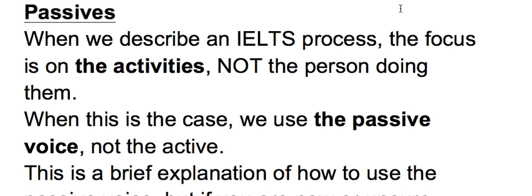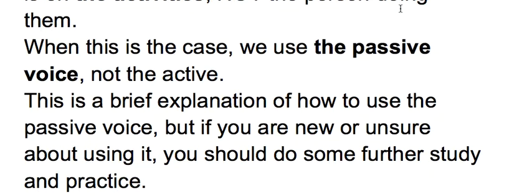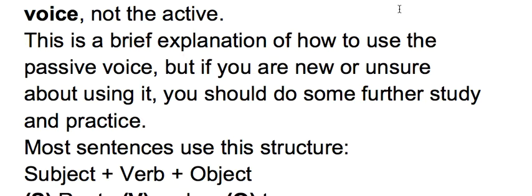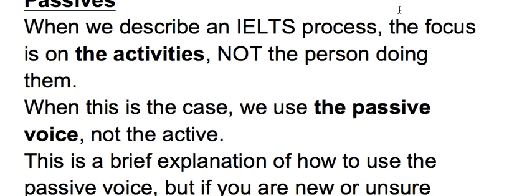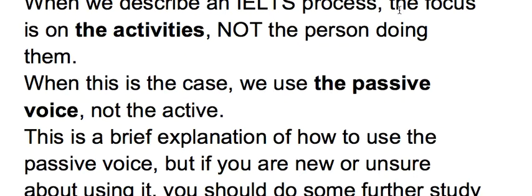There we use the passive voice, not the active voice. Another thing that you have to see is that in natural processes, we do not use the passive voice. We use the passive voice only in man-made processes.